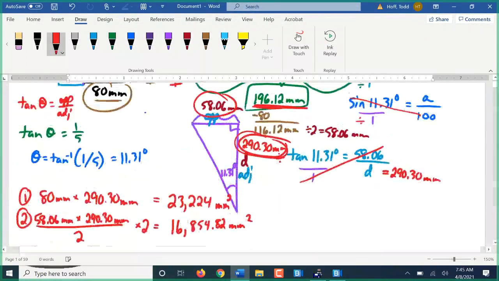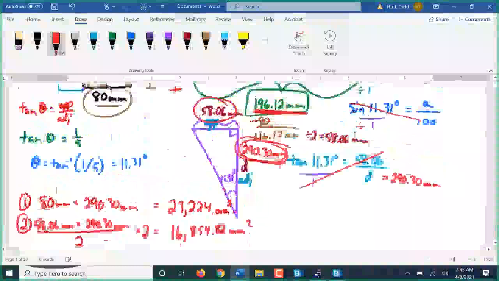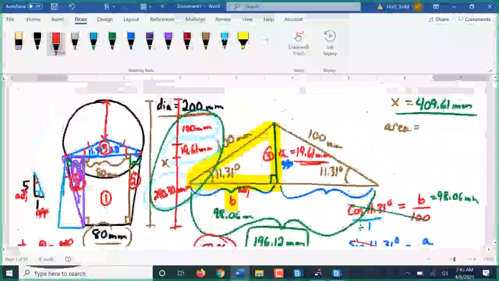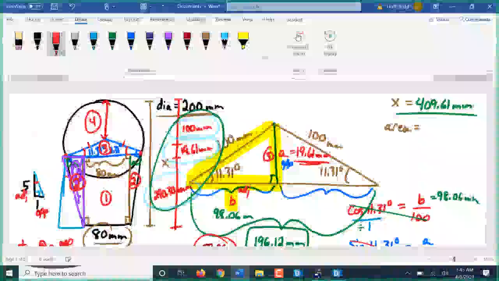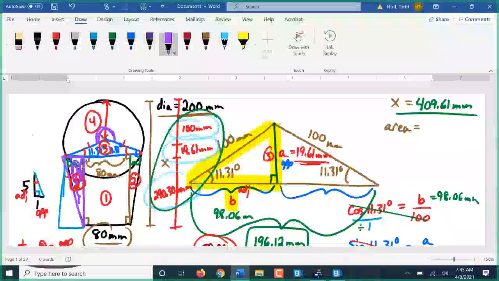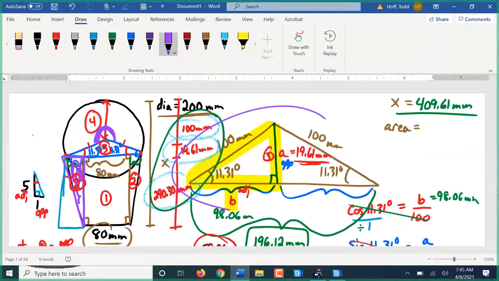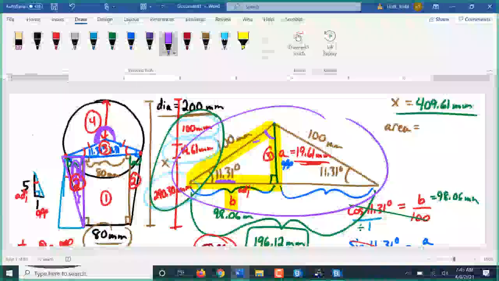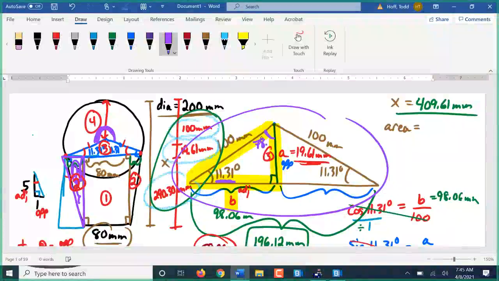And lastly, we have this sector of a circle up here. To find that, we need to know this angle here. To find that angle, I'm going to go back to this triangle. If this is 11.31, this angle here is 90 minus 11.31, or 78.69 degrees.